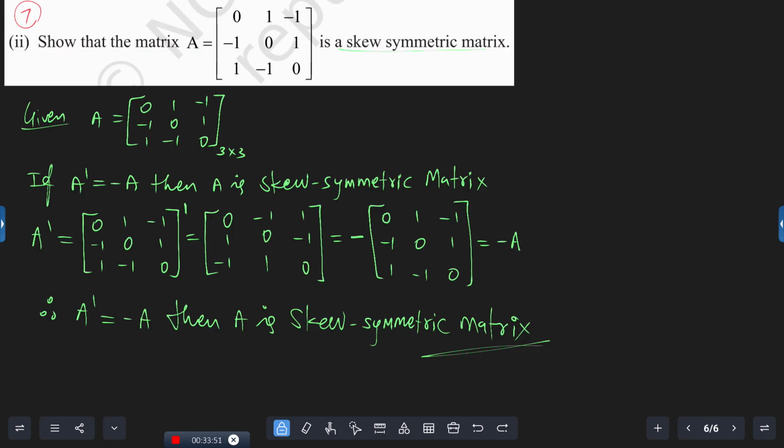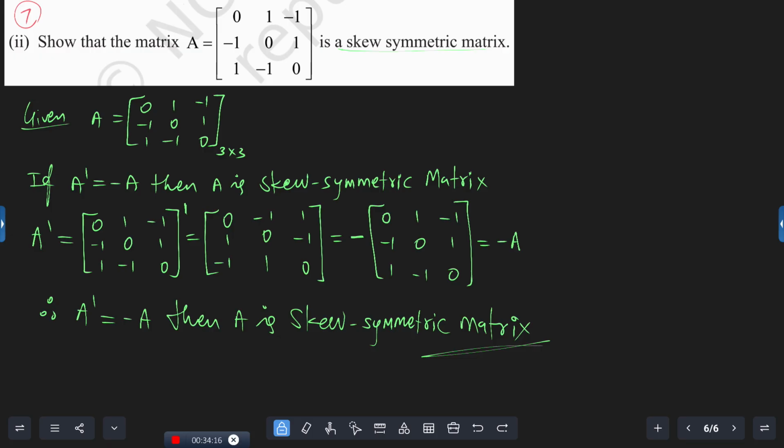Next, the 8th will go. Write this first, clearly. Try to write all 3 matrices in a single step. Don't write a big matrix, write it in a small size, then it will surely come in a single line. If it is not, not an issue.